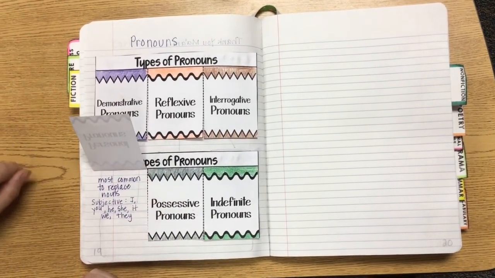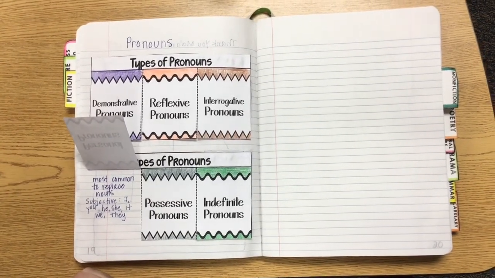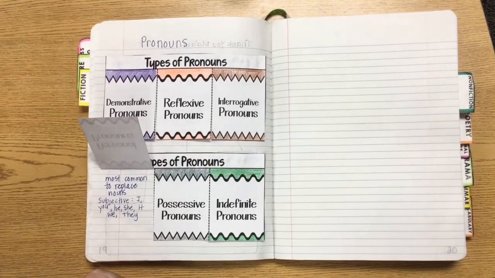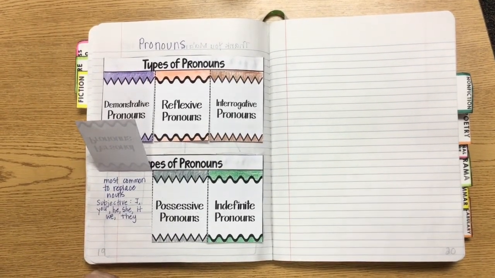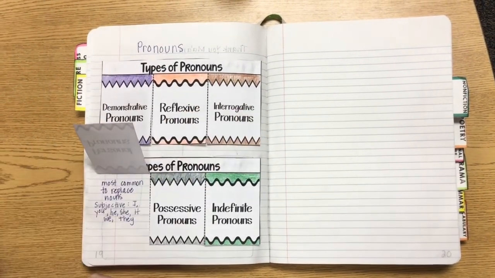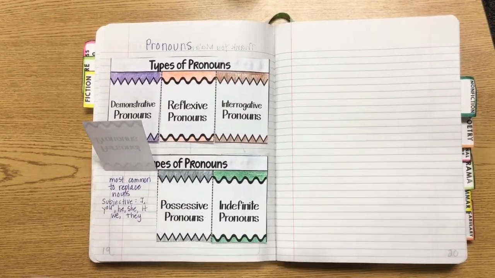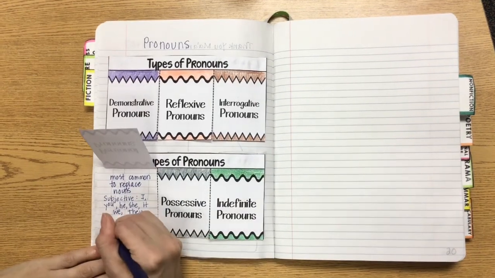And then objective pronouns typically are found towards the end of a sentence because they are the object of the action. So she kicked it. Kicked is the action. It gets the action. So it is actually one of those that can be subjective or objective.